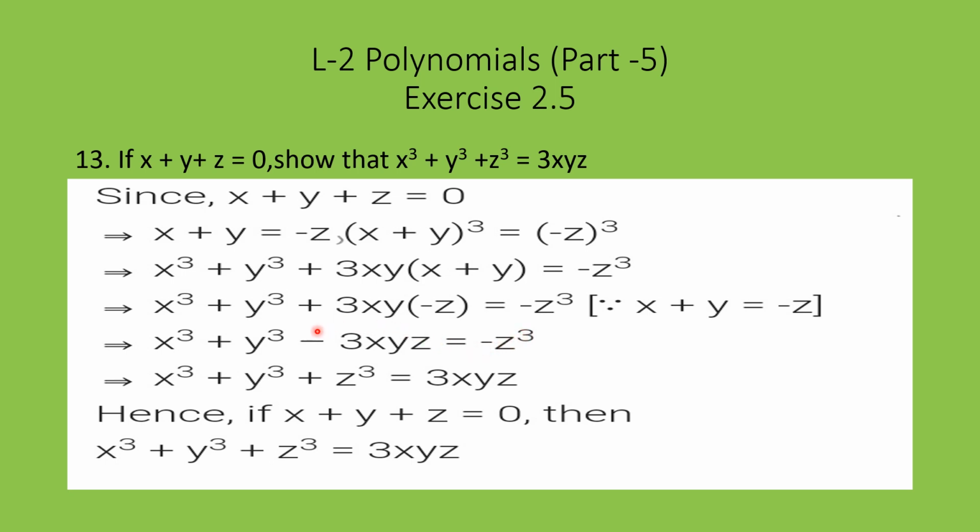Bring minus 3xyz to the RHS and minus z cube to the LHS. We have x cube plus y cube plus z cube equal to 3xyz. Hence, if x plus y plus z equal to 0, then x cube plus y cube plus z cube equal to 3xyz.